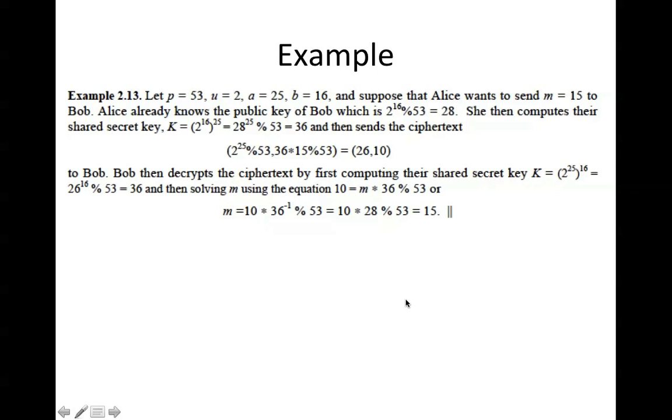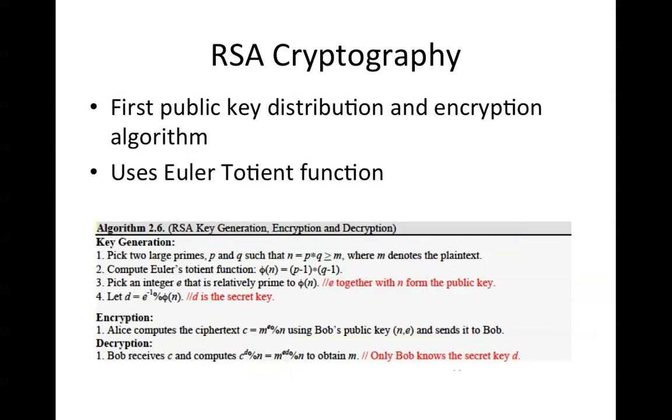So that's just Diffie-Hellman-Merkle with ElGamal added. RSA cryptography is slightly more advanced in that the public key is published by people who want to receive messages from others, and they just have to respect the process.